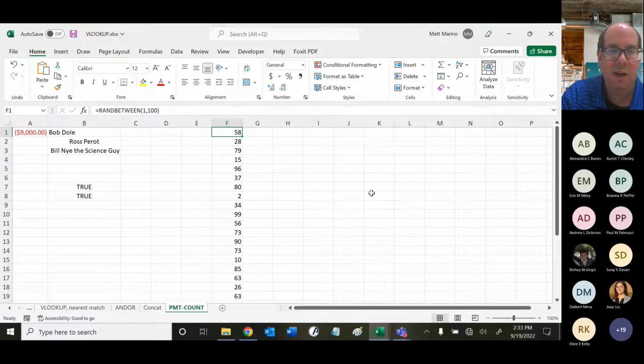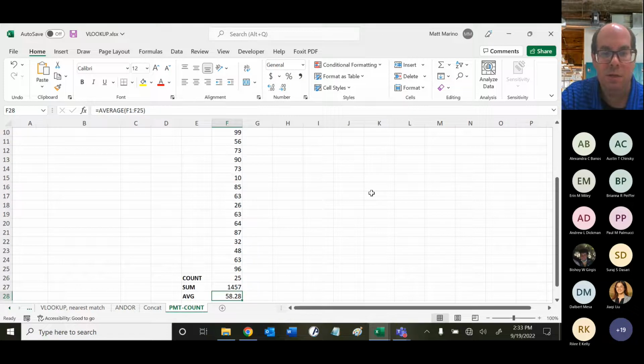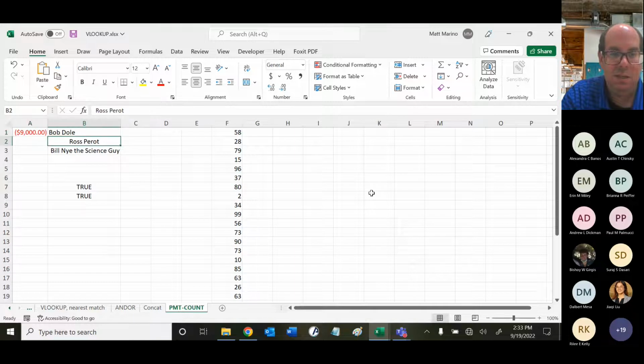So anytime you have it in the cell, it's going to randomly generate a number between 1 and 100. So I did it F1 through F25. And anytime you hit enter somewhere, like we did with these formulas here, true, true, and make a change to them, these numbers will also change.